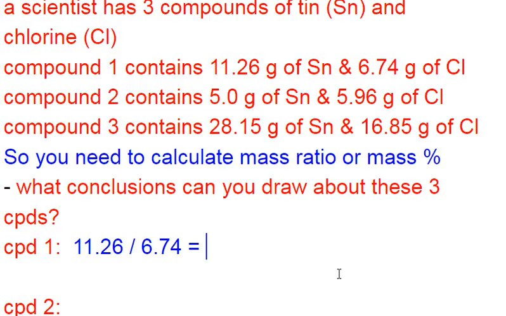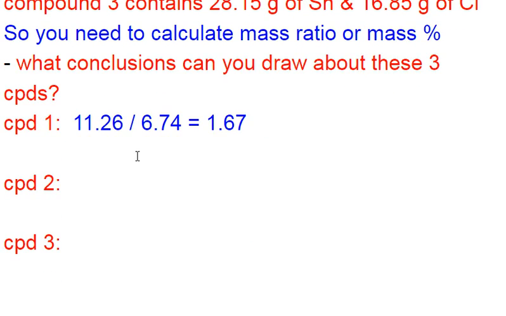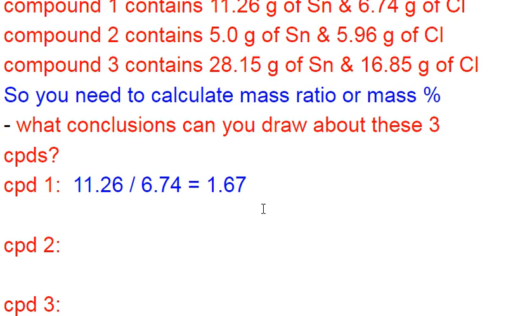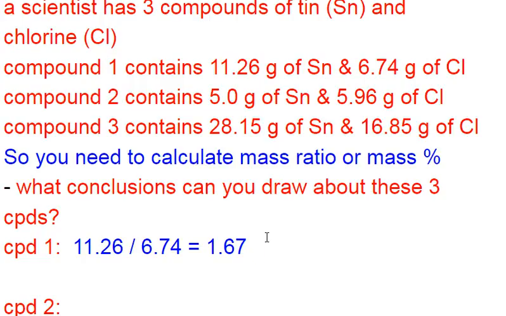Divided by 6.74. 1.67. And you can just leave it 1.67 or you can put to 1. I don't care which way. So if the to 1 is confusing you, just don't put it on. That's the mass ratio, 1.67 to 1, and that's grams of tin to grams of chlorine.